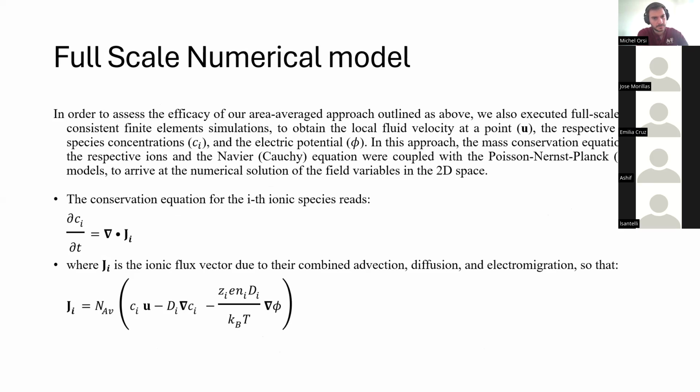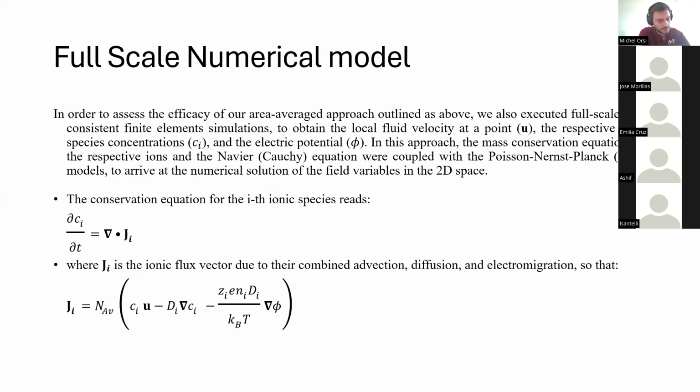In order to assess the efficacy of our area averaged approach, we also execute full-scale self-consistent finite element simulations to obtain the local fluid velocity U, the respective ionic concentrations Ci, and the electric field phi.